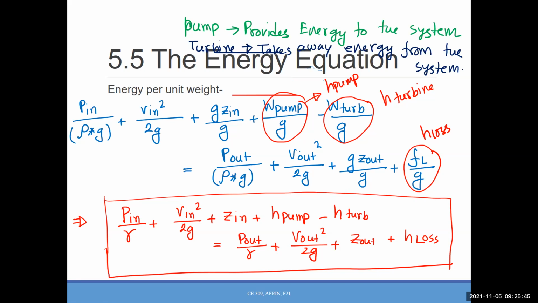Okay. Now, once we are done with this one, we just need to cover two more things. Whenever we have a pump or turbine, obviously we are concerned about the power, like what amount of power it can provide. So we need to know how to calculate the power for a pump or turbine.